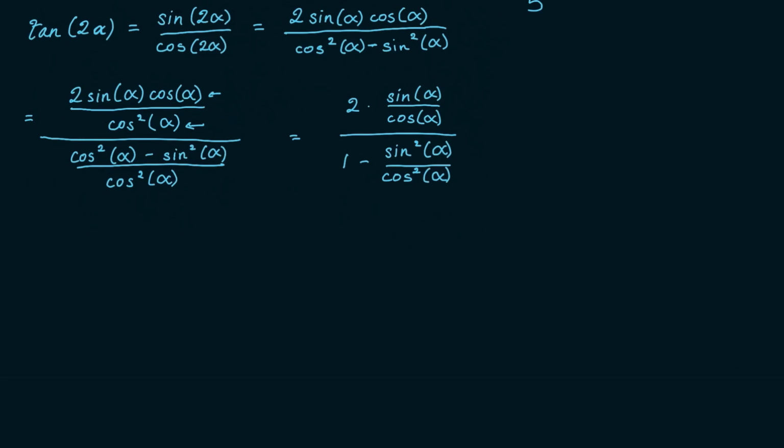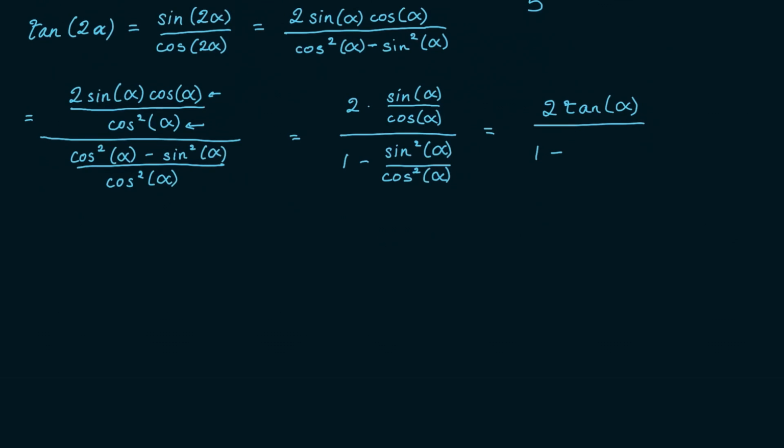Alright, well this should look familiar. We said that sine of an angle divided by the cosine of that angle is equal to the tangent of that angle. So let's rewrite this. In the numerator, we can say this is 2 times the tangent of alpha all over 1 minus, now sine squared of alpha divided by cosine squared of alpha.